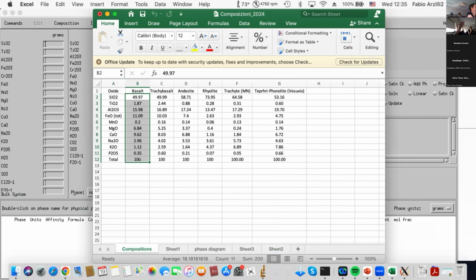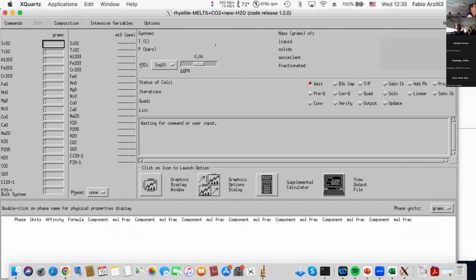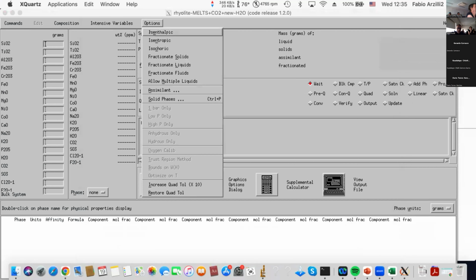And the second one, selecting here, if we go on option, we have the possibility to fractionate solids. And we can track the evolution of liquids. And we can compare if we see any difference between equilibrium crystallization and fractional crystallization.